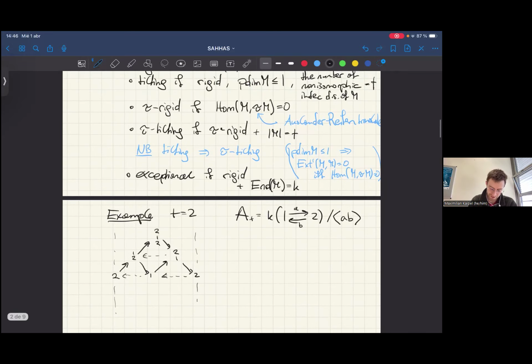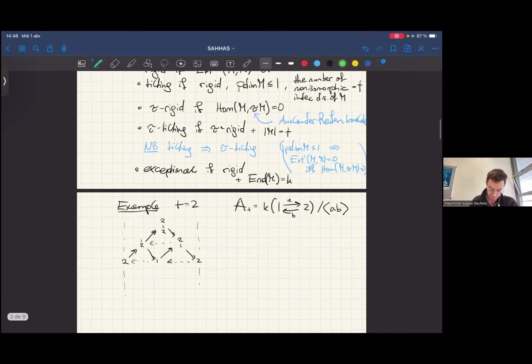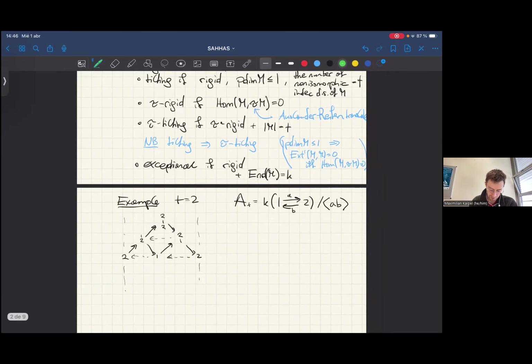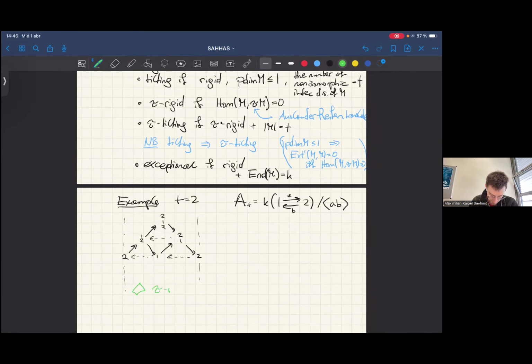Okay, so let's identify some of the modules that we have just talked about. Let's start with something quite easy. Let's look at tau rigid. So let me highlight in green here the indecomposable tau rigid modules. Any projective object has a trivial Auslander-Reiten translation, so our two projective objects here will immediately be tau rigid.